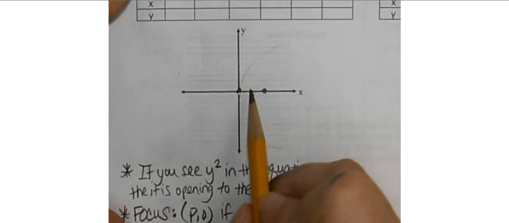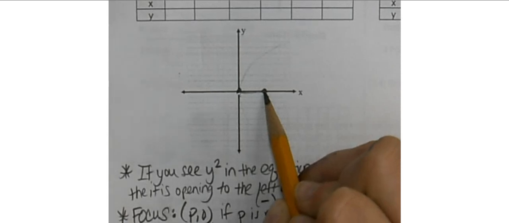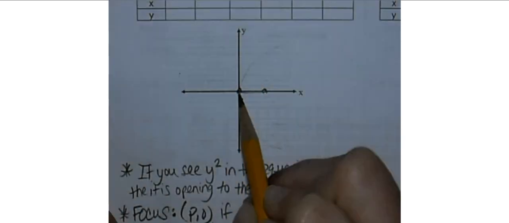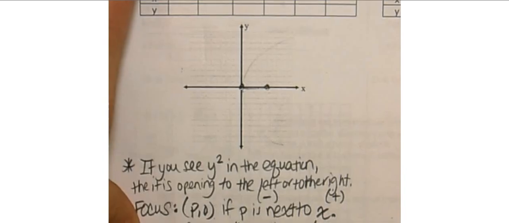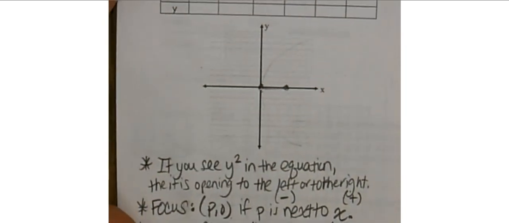My directrix is equidistant from any point on our parabola, including the vertex. It will share the same distance that the focus has away from a certain point. So if our focus is 5 units away from our vertex in one direction, our directrix is going to be 5 units away from our vertex in the opposite direction.